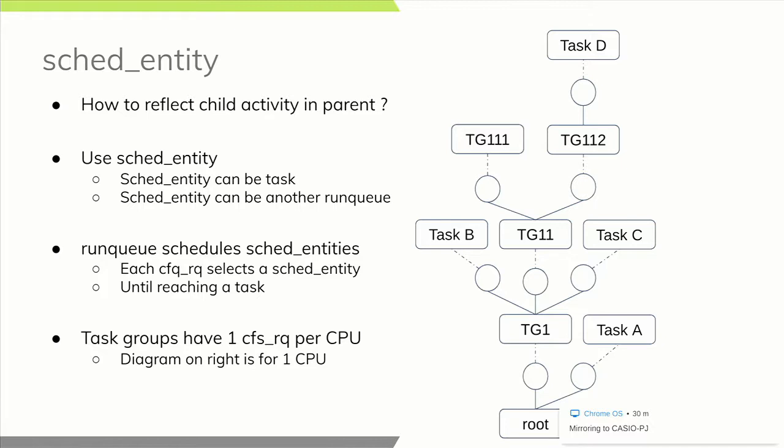And we are just iterating each level like that. So at the root level, for example, we will select a sched entity. If it's a task, we schedule the task. If it's a run queue, we go into this run queue and select the sched entity, the one with the minimum runtime, and so on up to the last level.